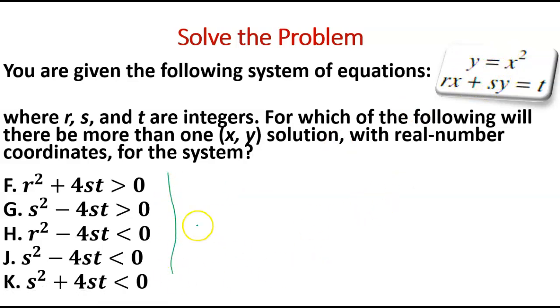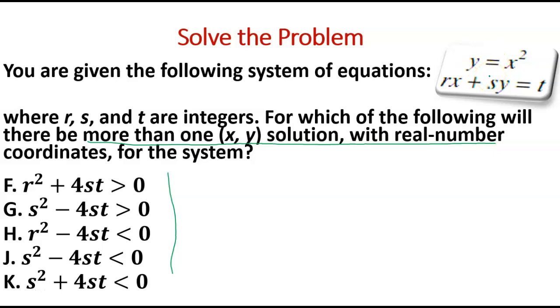They ask us to find which of the following will give us more than one real number. This is testing your knowledge of the discriminant. They won't give you a number to solve, they'll give you letters, but you need to look for a pattern.